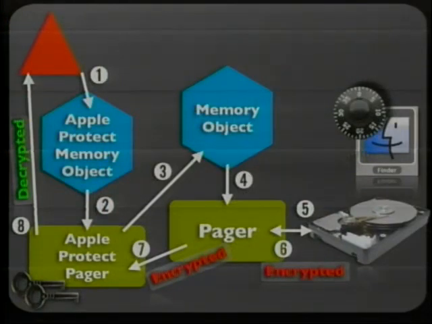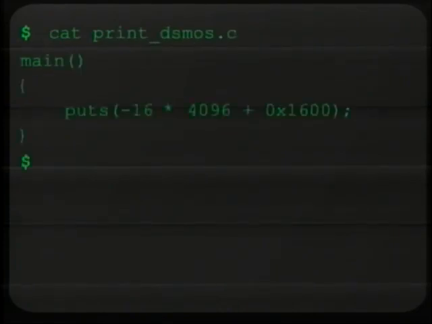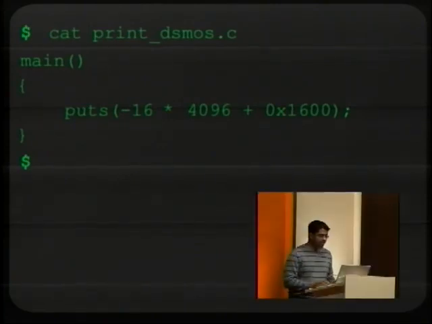And while we're on the topic of VM, before we switch context again, there's this interesting experiment you can do which actually highlights multiple things at the same time. So what are you doing here? You're printing some address as a string from the end of your address space, minus 16 times, so like the last few pages.